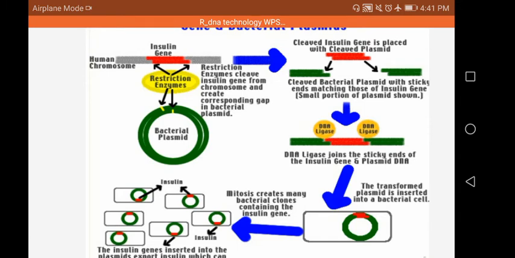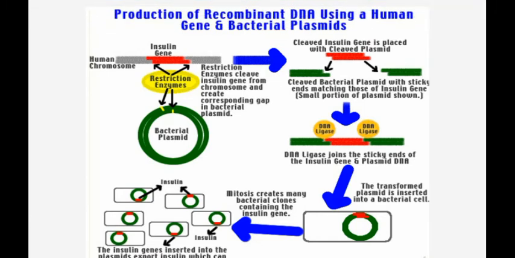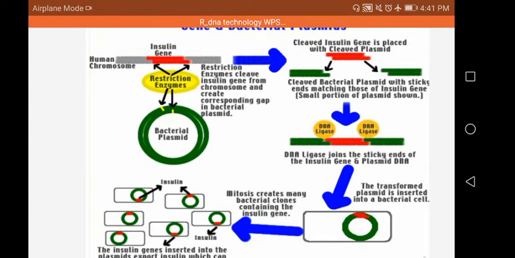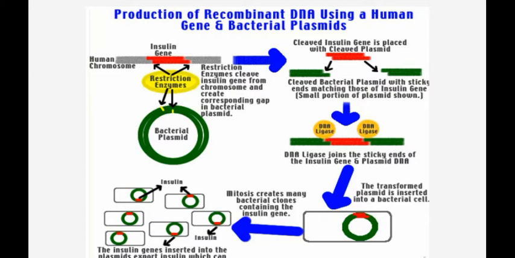Then ligation of the bacterial plasmid and insulin gene occurs with the help of DNA ligase enzyme. Then this plasmid is inserted into the bacterial cell.